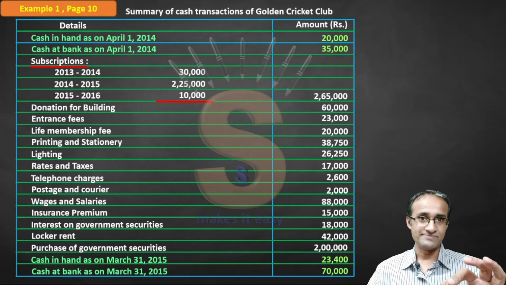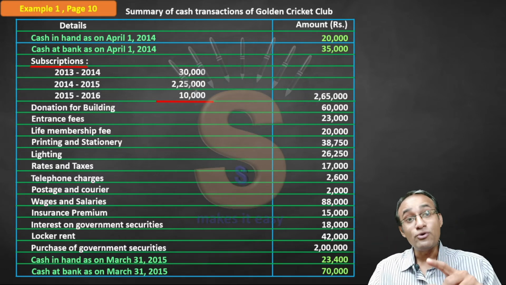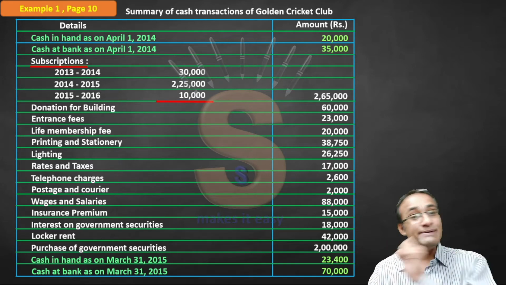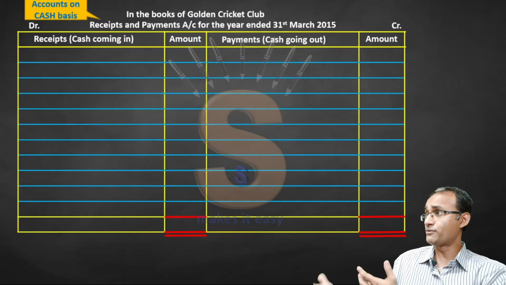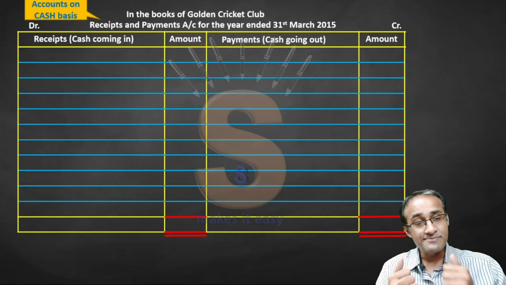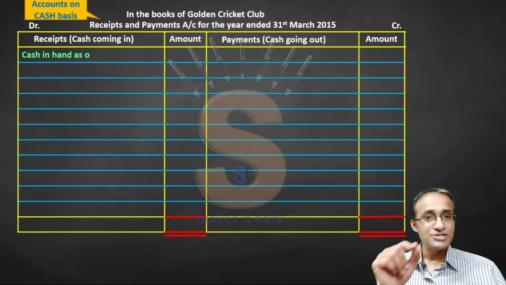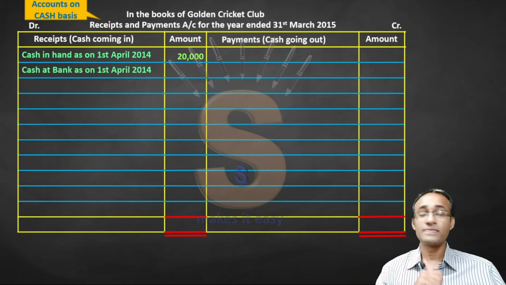Cash is an asset, it will always come on the debit side. Below that there is another, cash at bank. Bank is also an asset; bank overdraft is a liability but bank is an asset. Both should show a balance on the debit side. So if this format is ready, you can start to write on the receipt side, that is the debit side. The first line, cash in hand 1st April 2014 20,000 and cash at bank 1st April 2014 35,000.